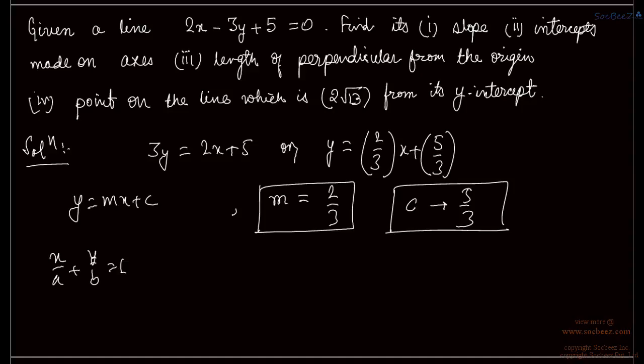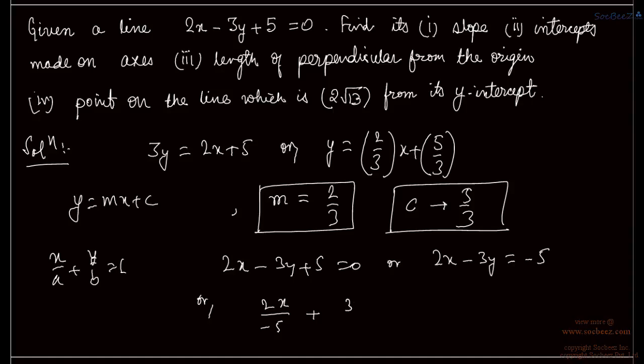So representing this, 2x minus 3y plus 5 is equal to 0, or 2x minus 3y is equal to minus 5, or we have 2x upon minus 5 plus 3y upon 5 is equal to 1, or we can write it as x upon minus 5 by 2 plus y upon 5 by 3 is equal to 1.